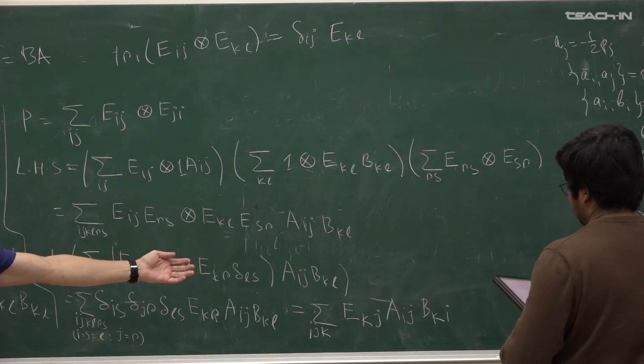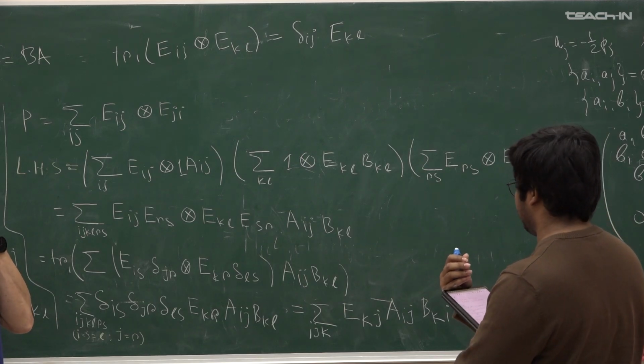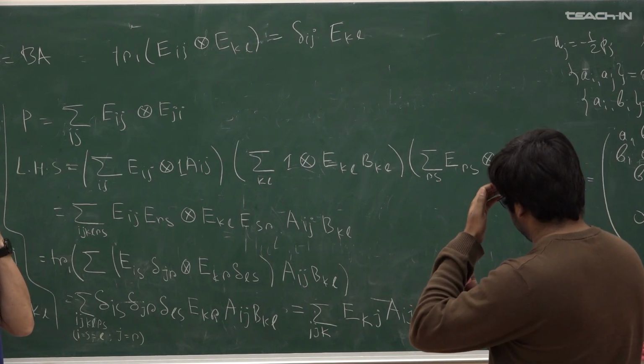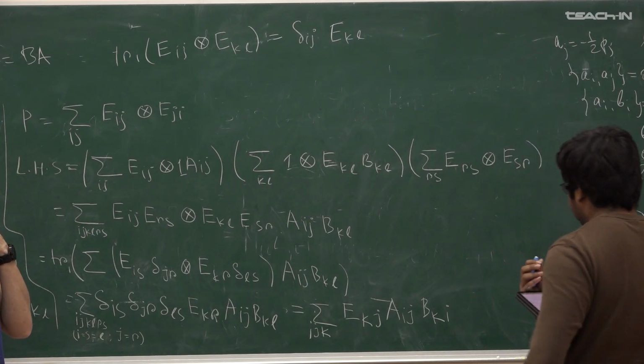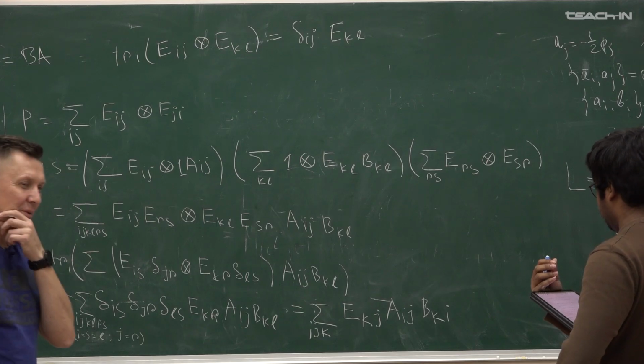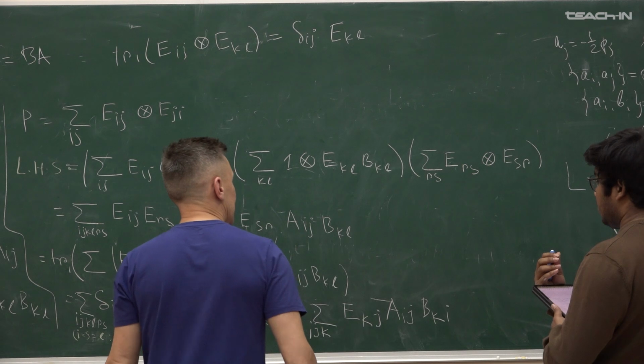Are you sure? If I'm not sure, we have things to calculate and check. I'm not sure, it's not obvious to me. You have to recall the definition of the product of matrices.